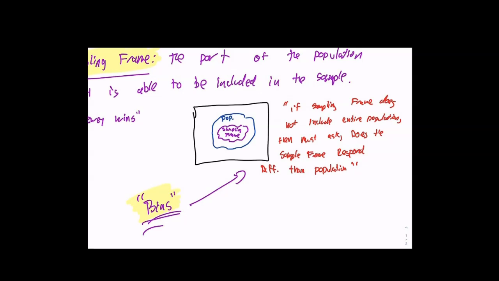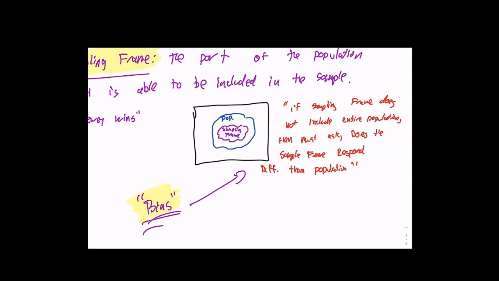So if you think about a number line, that's the reason why we do sampling: I don't know how the population is going to respond. I don't know if 30% are going to respond yes, or if 80% are going to respond yes. I don't know exactly what it is.